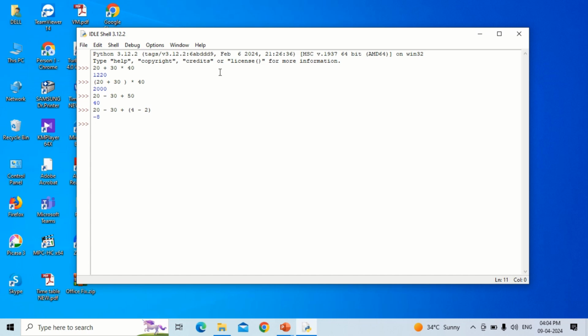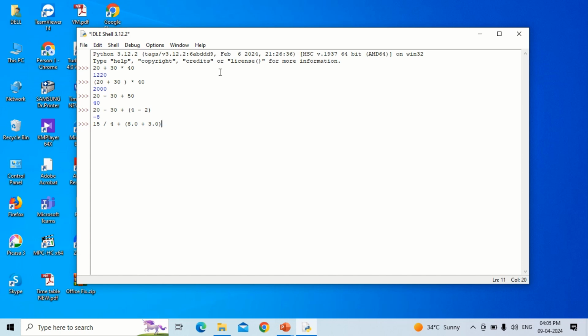Another example we shall see. 15 divided by 4 plus, within a bracket, 8.0 plus 3.0. So in this one, what will be the answer? First it will calculate 8 plus 3, that means 11.